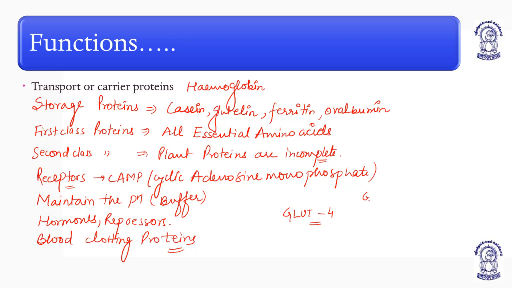A person suffering from diabetes mellitus type 2 actually has abnormal functioning of GLUT4. That is why the cells cannot open up the gateway channels so that glucose can come inside the cell.